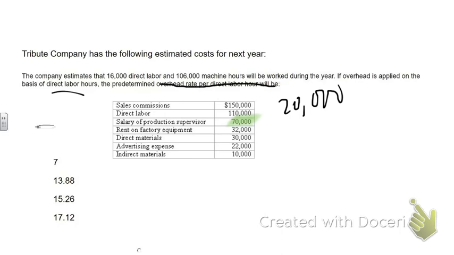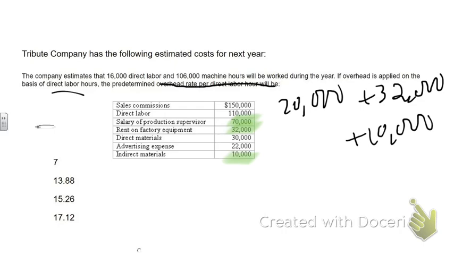The rent on the factory equipment, we can't put that on any particular item, so we have to add the 32 grand for that. Direct materials, we don't need to apply that. Advertising expense, that's selling, general and administrative, we don't have to allocate that. Indirect materials, we do need to allocate, 10 grand. So I've got to add 10 more thousand.